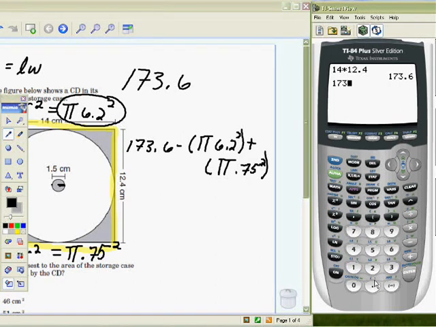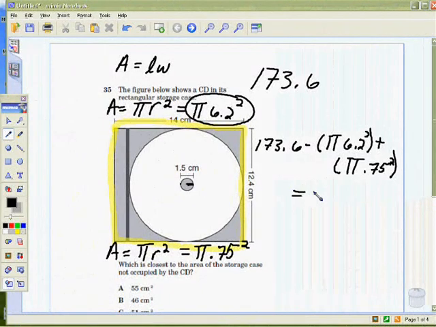So 173.6 minus parenthesis, and I get 54.6, which is choice A.